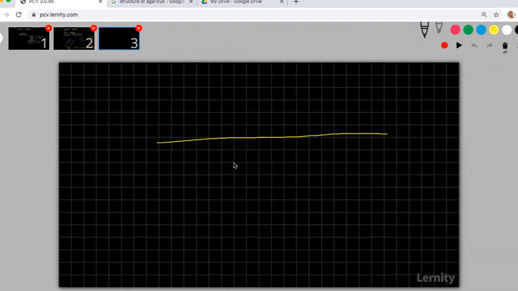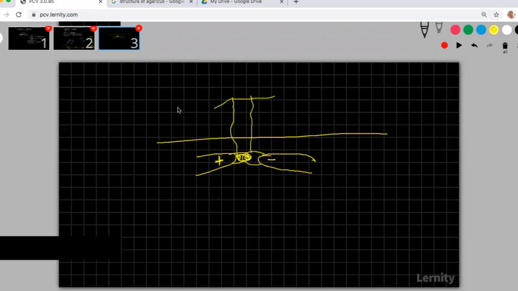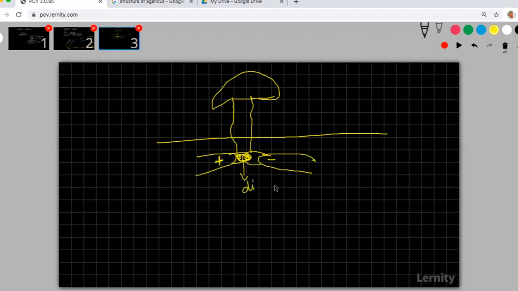Let us say that this is a plus strain and this is a minus strain. It will give rise to a basidiocarp, and the basidiocarp is arising from a dikaryon state.